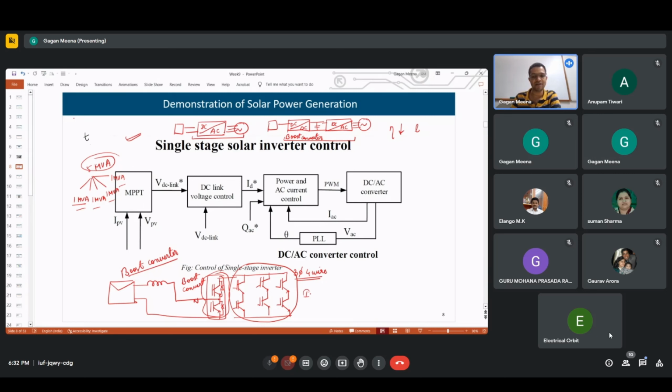Initially we have a constant current mode, then voltage is slowly building up. Once it reaches a particular value or the rated voltage, we just maintain it at that level, because now voltage is constant and power demand also we have reduced.